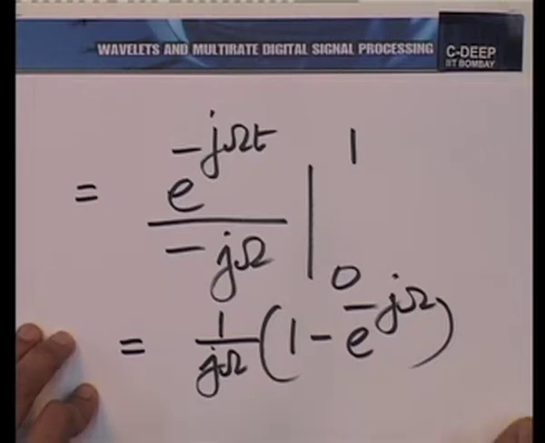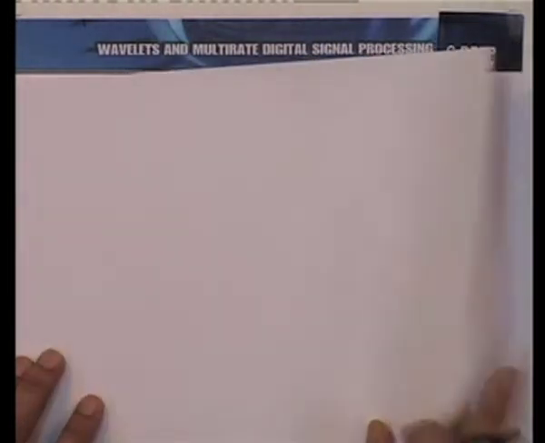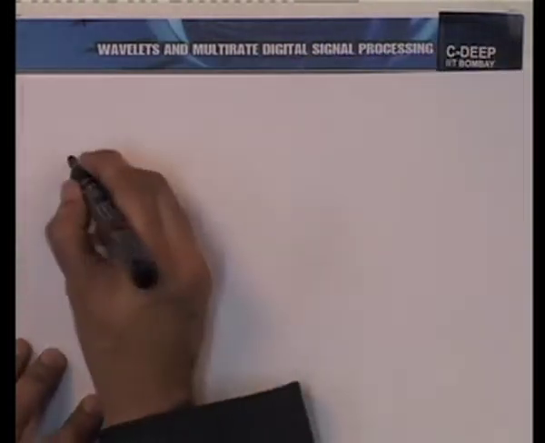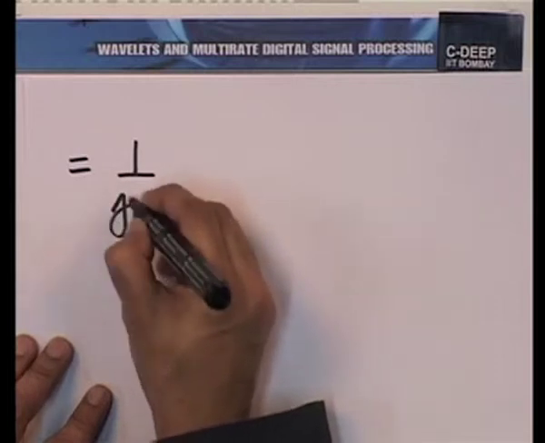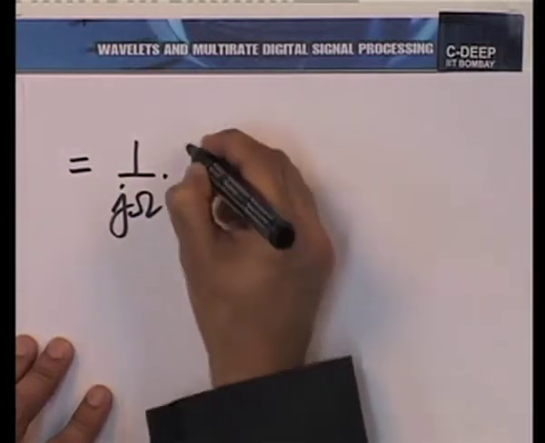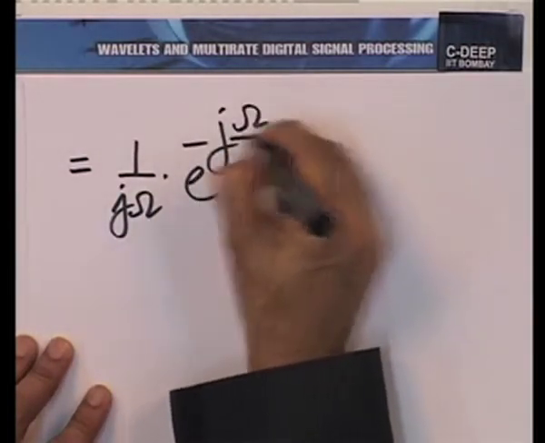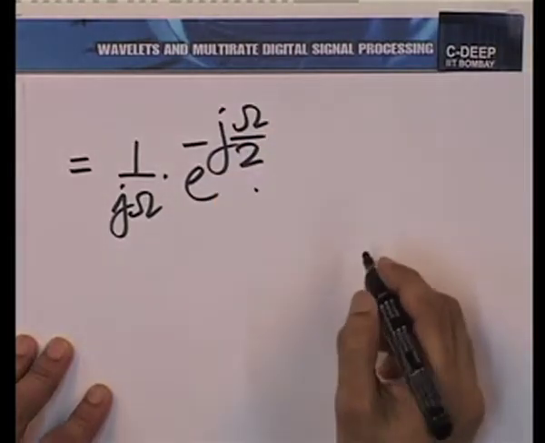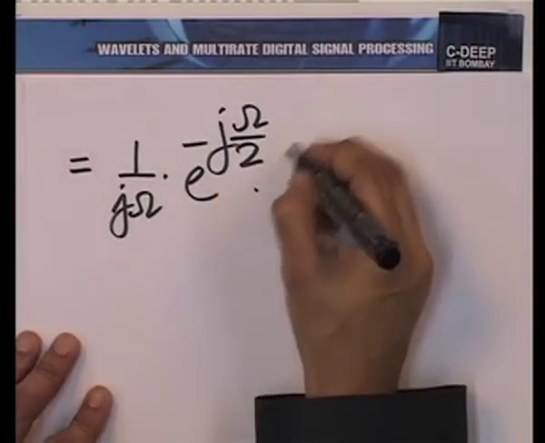Now, we can simplify this. Using the standard trick of taking out e raised to the power minus j omega by 2 term.